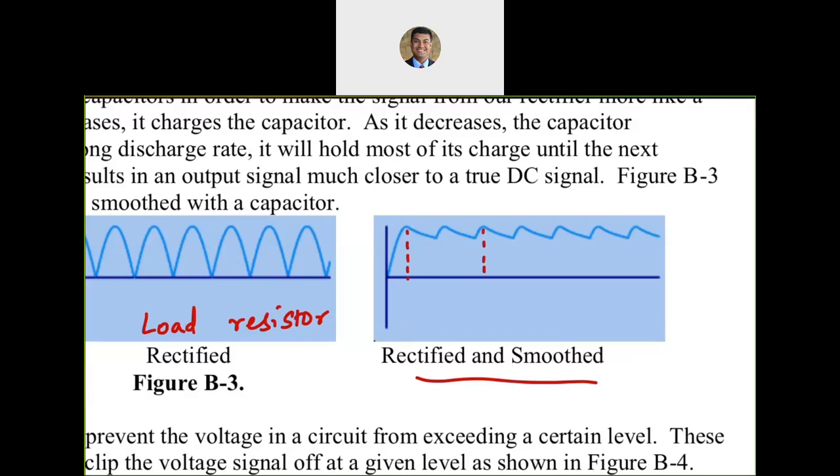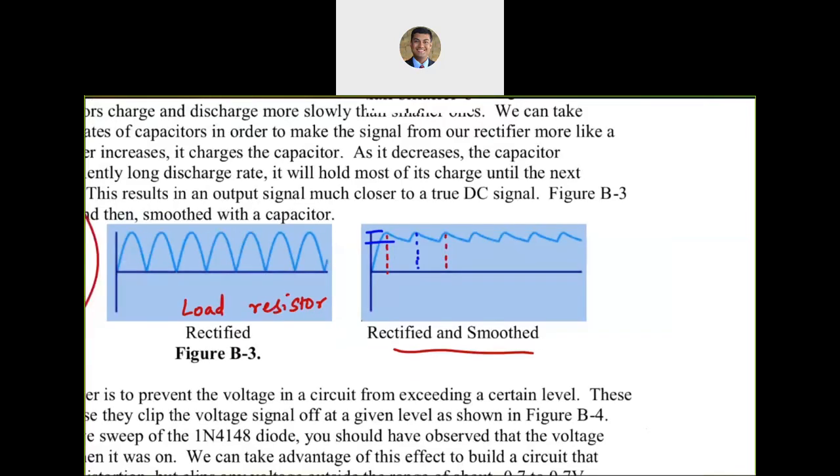Now I have reduced that time period to one half. So I will require a much smaller capacitor to get the same ripple voltage. So that's how the full wave rectifier is better for rectification from AC to DC.